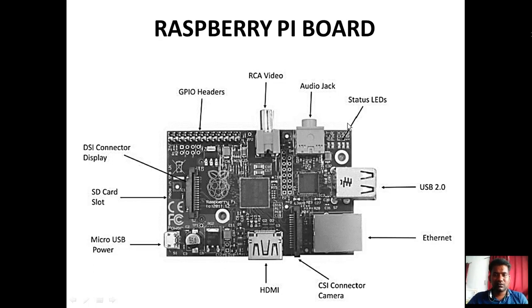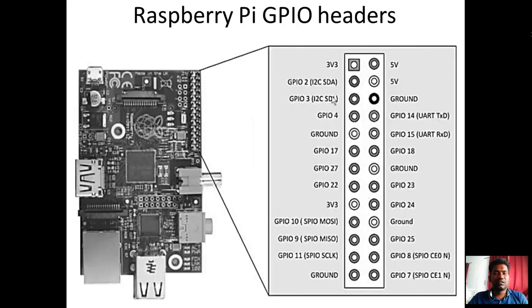These are all the Raspberry Pi GPIO headers. Two 5-volt ports will be there and one ground. GPIO 14, 15, 18, and all the GPIO pins can be used as input and output ports. GPIO 14 and 15 are the transmit and receive pins for UART, universal asynchronous receiver transmitter communication.